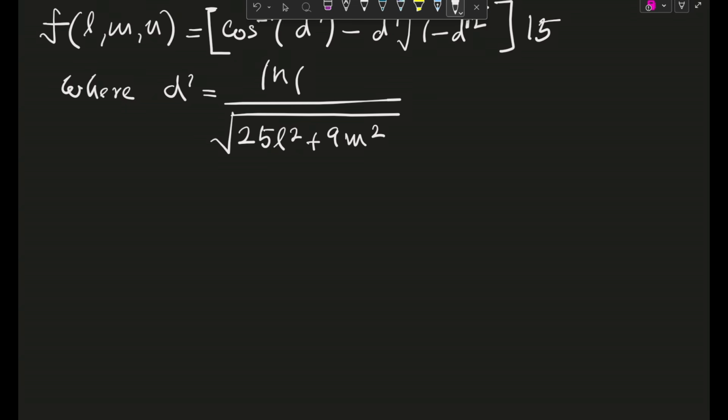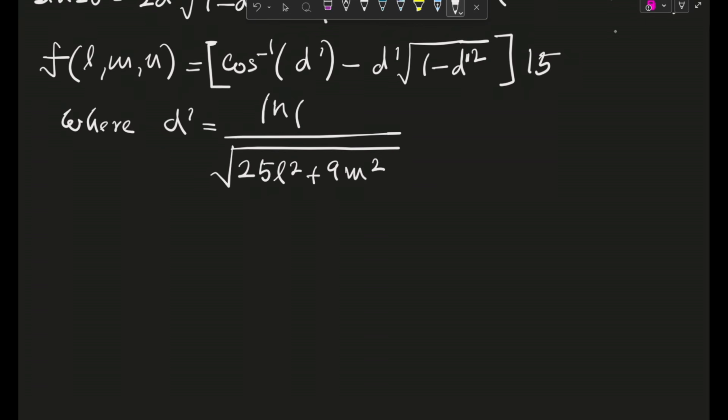let me mention something. Here what will happen is, if you notice, we have cos inverse, right? So when n is greater than 0, the area for this particular expression will give the area for the minor segment.